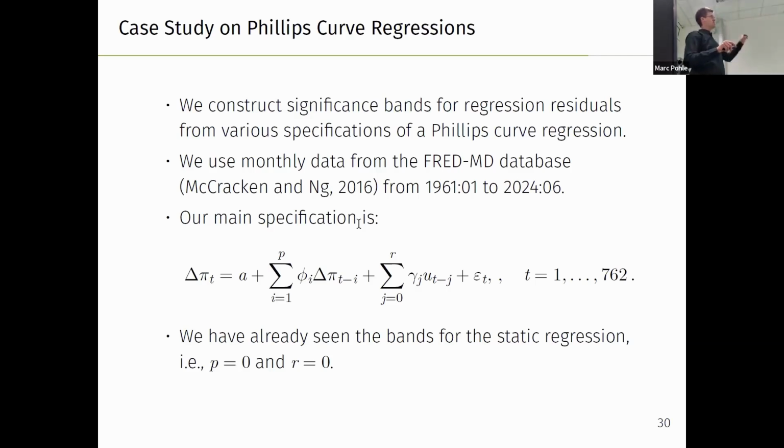For the static regression that I showed you, there were no lags in inflation and only the current value of unemployment. And as we saw, the residuals were significantly autocorrelated.